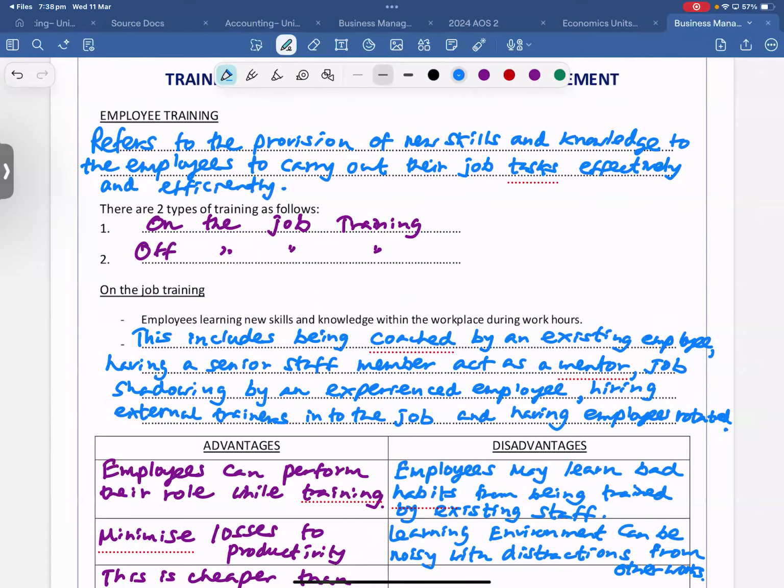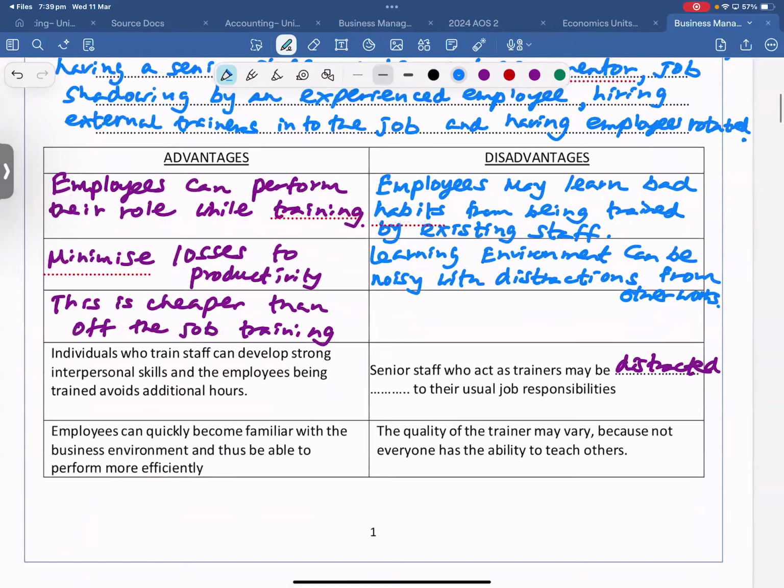Usually, there are a few methods we call coaching, then job shadowing, and then mentoring, things like that, right? This is where a supervisor, manager, or maybe a senior staff is training employees while they are at work, right?